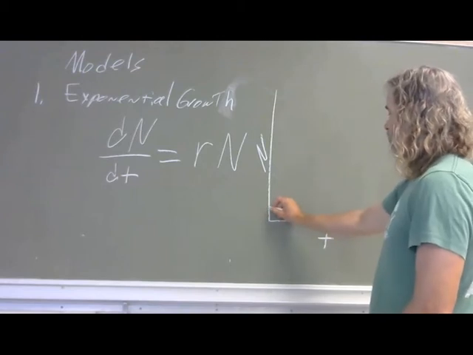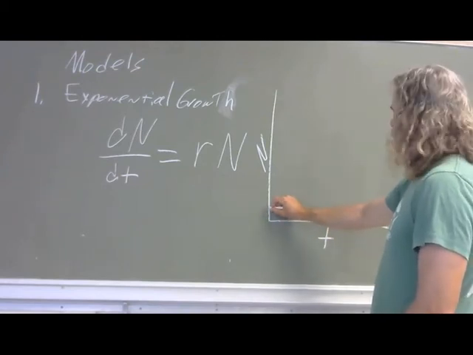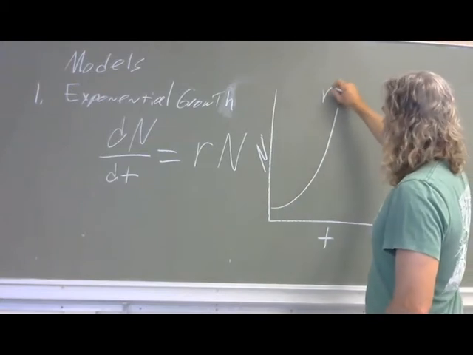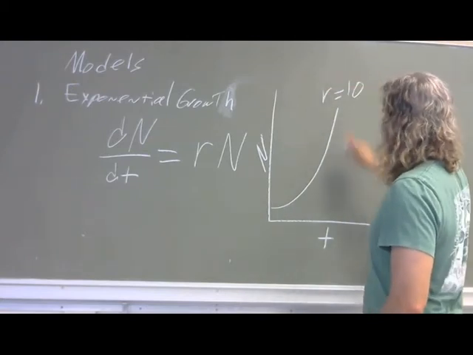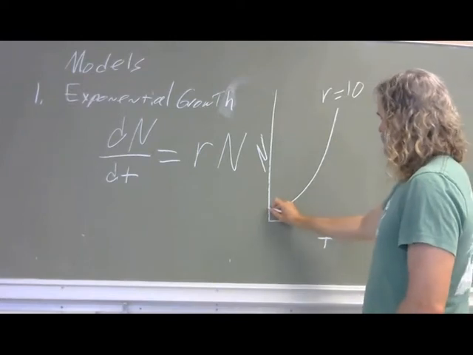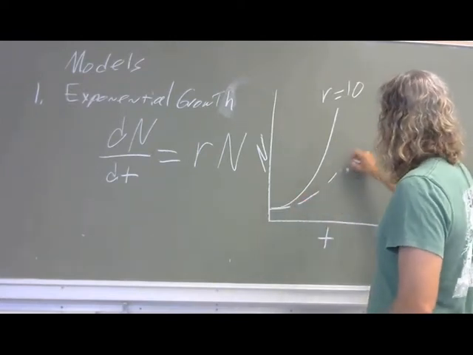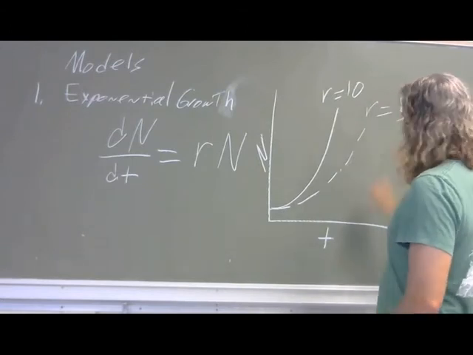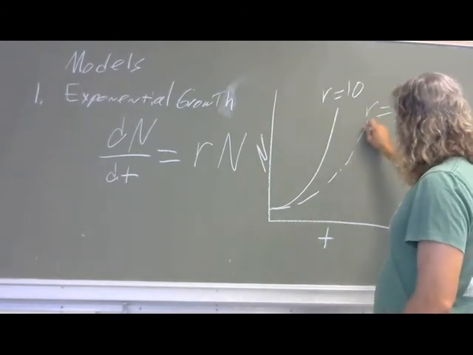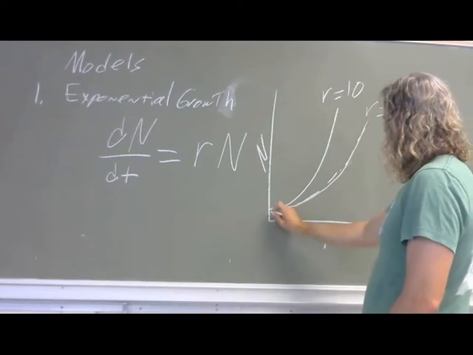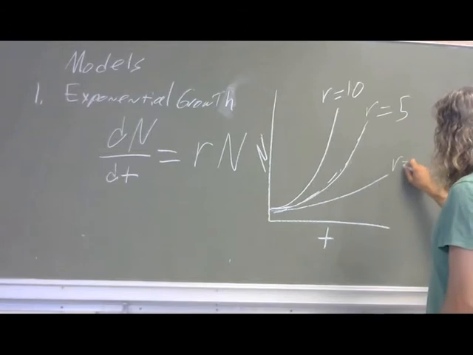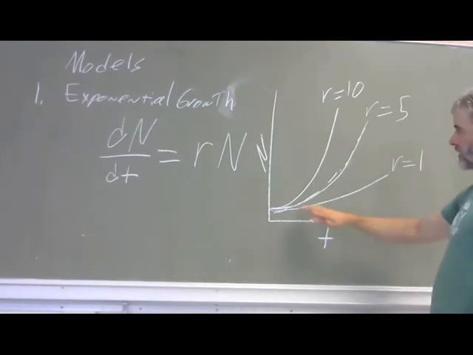So let's say you start with some non-zero population number, and if you have a rapid growth rate, a population that reproduces really rapidly, you'll have a steep growth rate. And then if you have something that's a little less rapid, but still rapid, you still have a steep curve here. And then we'll do something that's not as steep, let's say, like this.